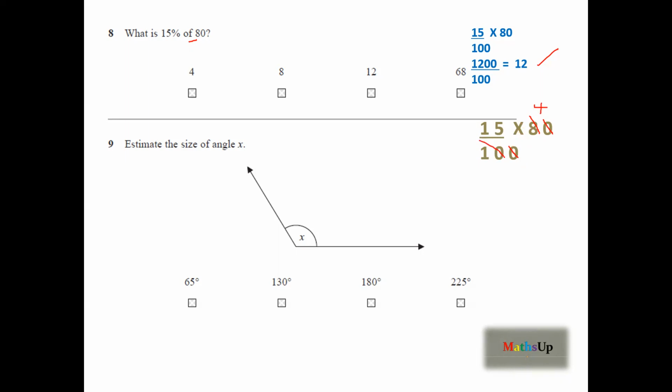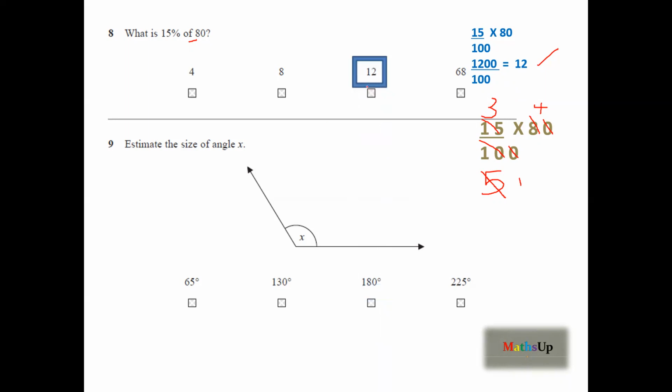Once you divide 10 by 2, it's 5. Then you can divide 15 and 5 by 5. So once you divide 5 by 5, it's 1. And 15 by 5 is 3. So finally, you can multiply 3 times 4. Again, you will get the answer 12.